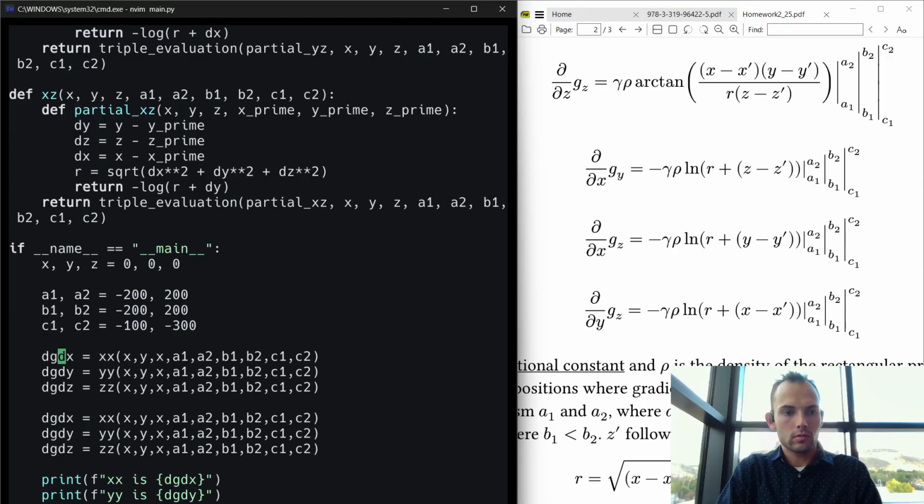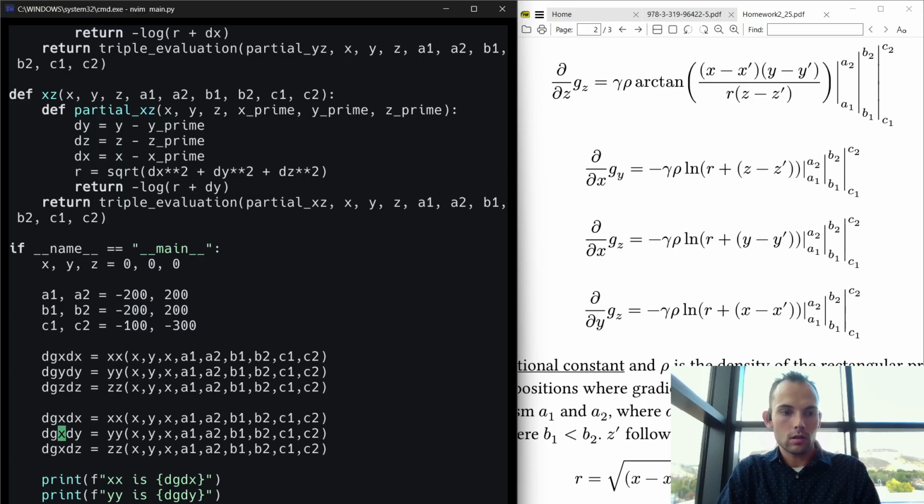Oh, I should have been a little more descriptive, huh? This isn't a scalar field name. This is a vector field.